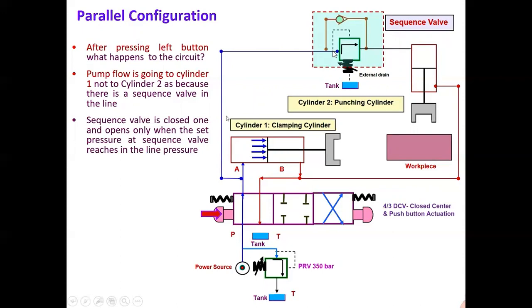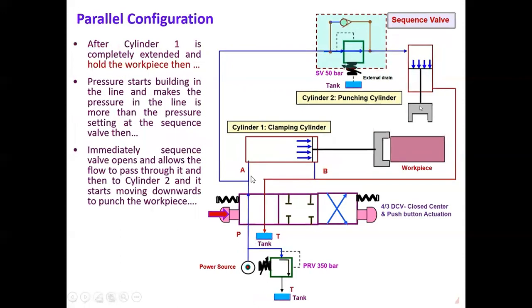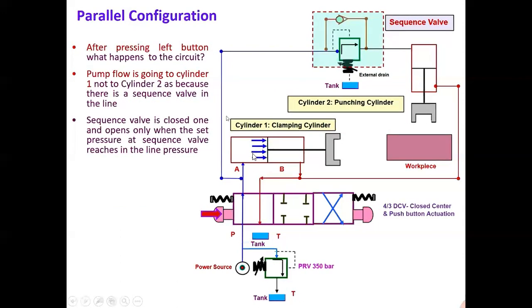Then to this PRV set with external drain at punching cylinder. But here the pressure applied, some pressure range is selected for this PRV, 350 bar. After 350 bar, this oil goes like that to this cylinder, and cylinder 2, the punching cylinder, is activated.